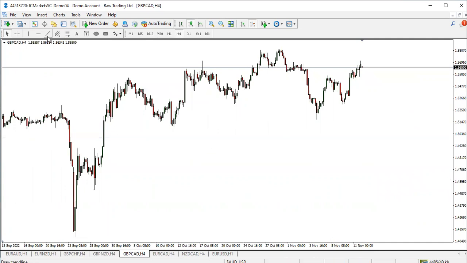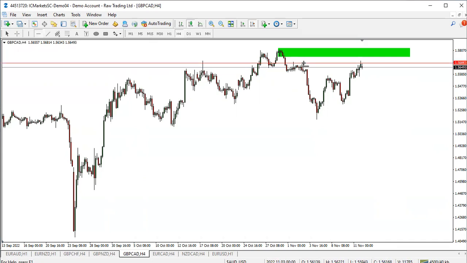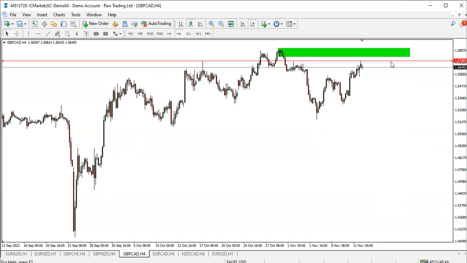So GBPCAD, I'll be looking out for a sell here, waiting for the market to take out these liquidities here. This liquidity is here, goes to this swing point here, gives me a sell pattern on the 15 minutes, and I will be selling.